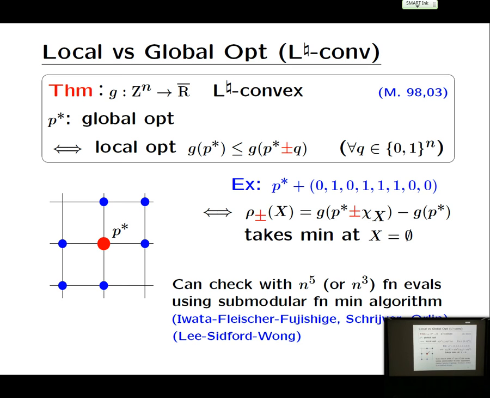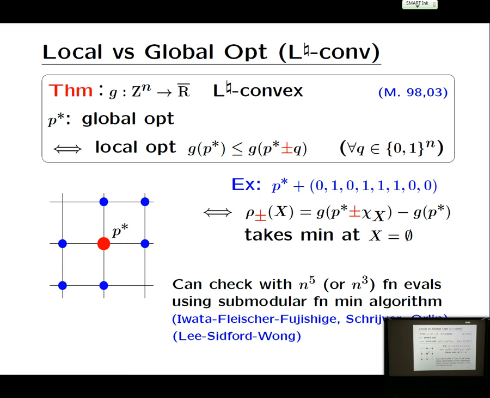L-natural convex function, when restricted to 0, 1 vectors, is a submodular set function that you can minimize. If the minimum is attained by this, then you are guaranteed that this is globally optimal. The complexity for this is n to the fifth, or yesterday I learned this is decreased to n cubed.